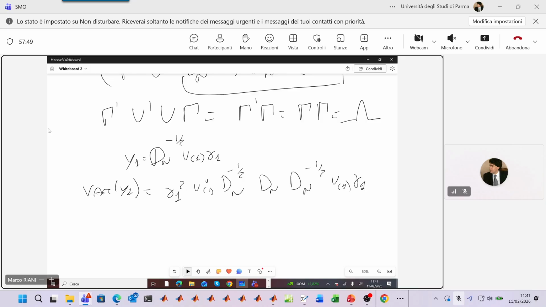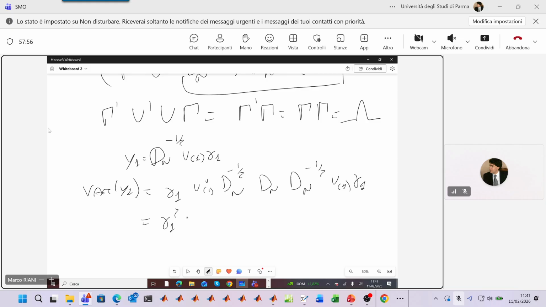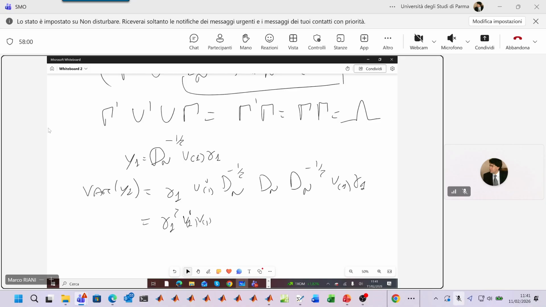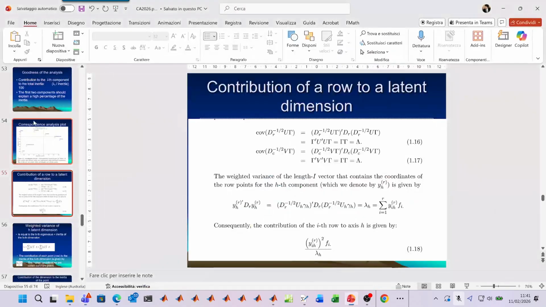So gamma 1 squared V1 transposed V1, this is the identity, and so gamma 1 squared, the first squared singular value, and this is what is given here.